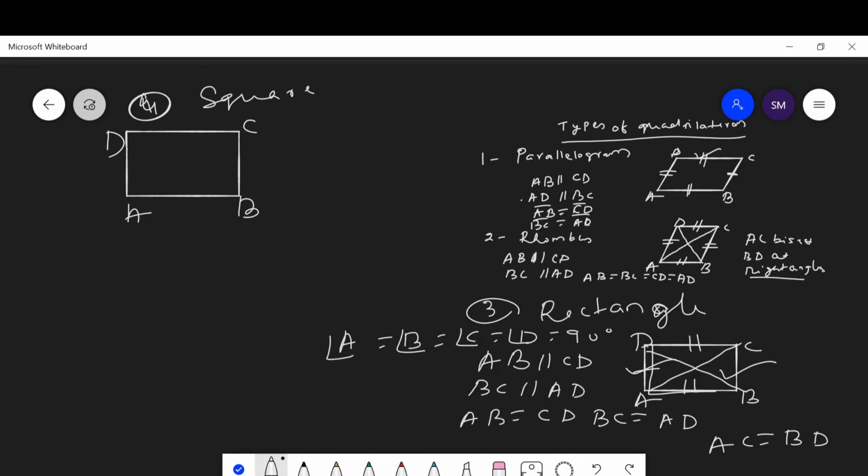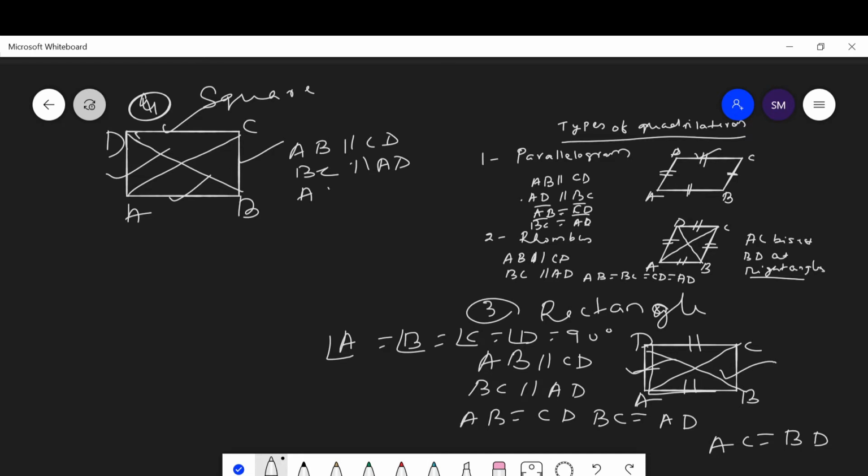Here ABCD is a square which satisfies all the properties of a rectangle. Here also AB is parallel to CD and BC is parallel to AD, and the diagonals are of the same measure.